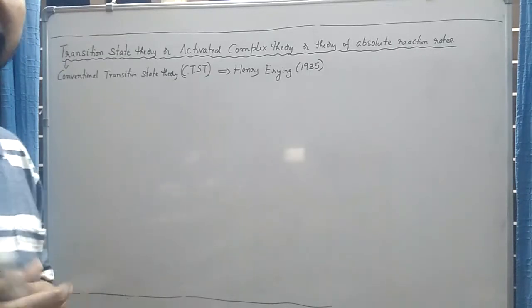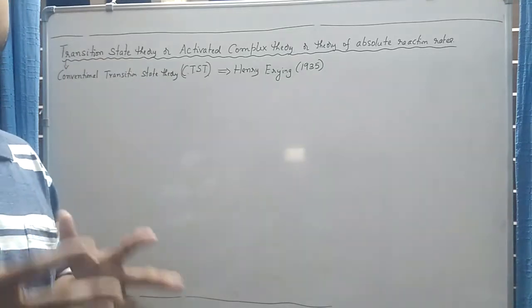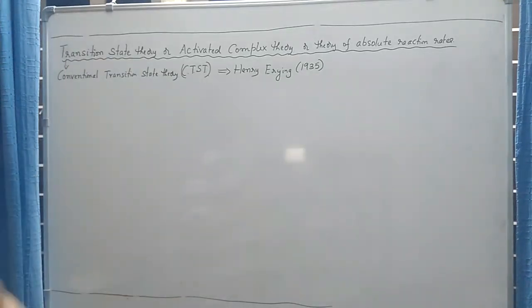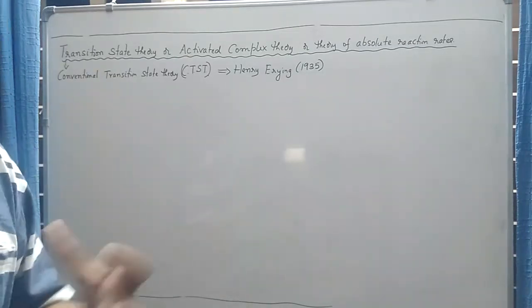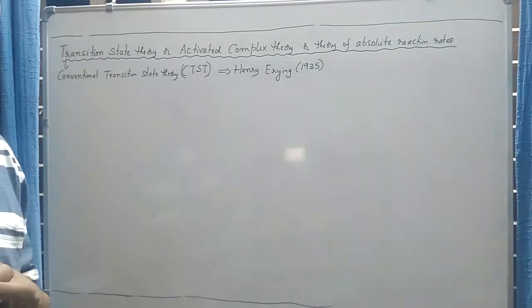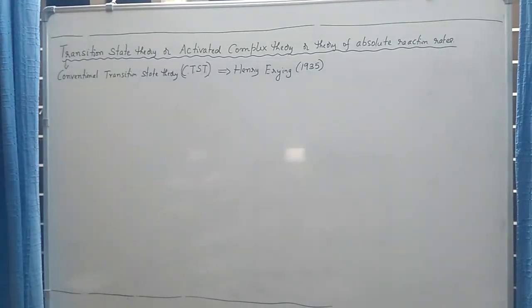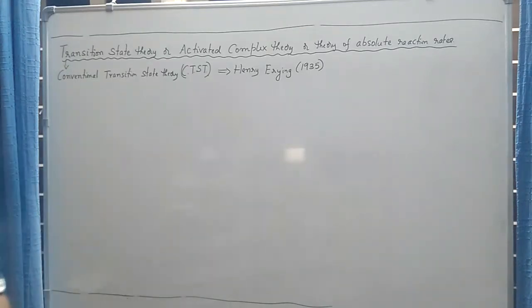The structure and the stability of this activated complex is a very important factor that decides the rate of the reaction. So in this particular theory, the emphasis is not on how many times the reactant molecules are colliding with each other. The emphasis is on the formation of a species called the activated complex and its structure. That decides the rate of the reaction.